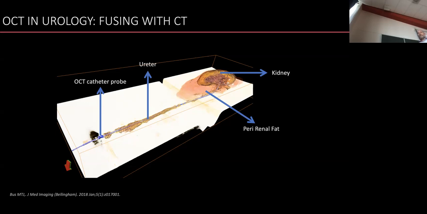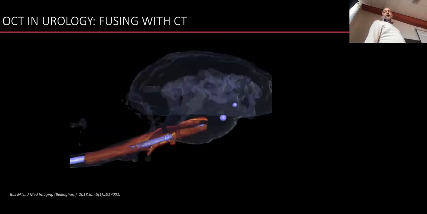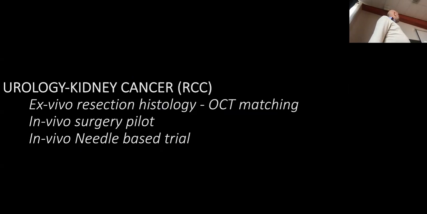It also allows us to integrate a CT segmentation data set with the OCT data set in orange here. That gives us a full picture of what's going on, not only on the microscopic scale with OCT, but also on the macroscopic scale with technology like CT or MRI. And this is an example of that.